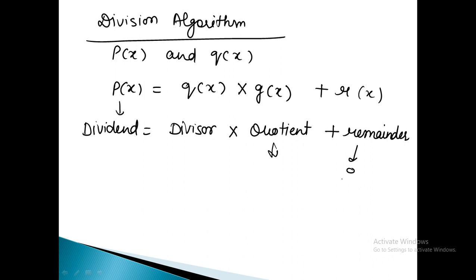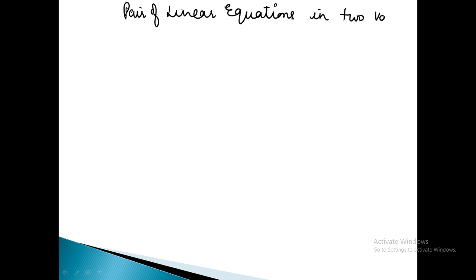Now the next chapter is pair of linear equations in two variables.